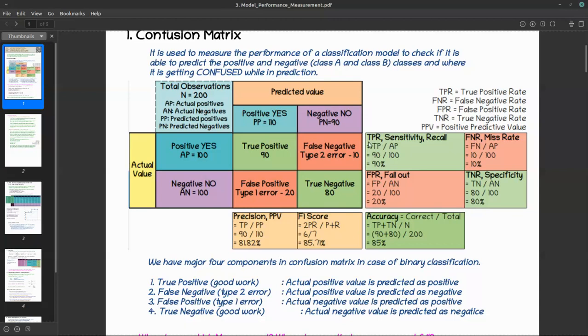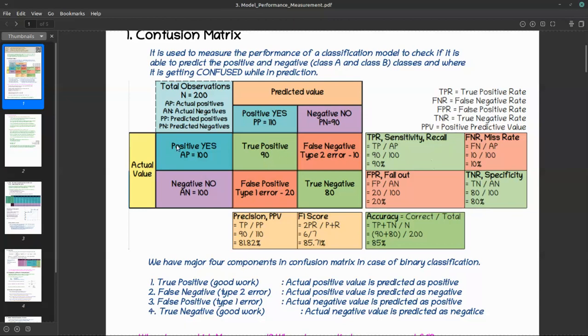So TPR, or true positive rate, is also called sensitivity, or also called recall. And you will be surprised, there was one MSQ where they said TPR equal to recall. And it was right. True positive rate equal to recall. So TPR, true positive rate, or recall. Sensitivity is like how sensitive your model is, right?